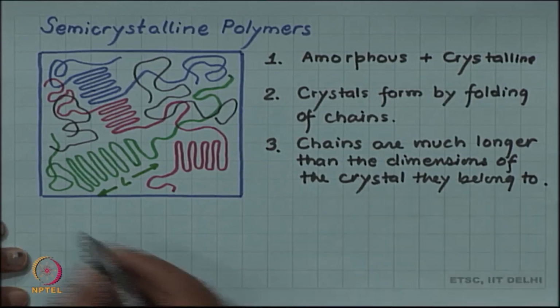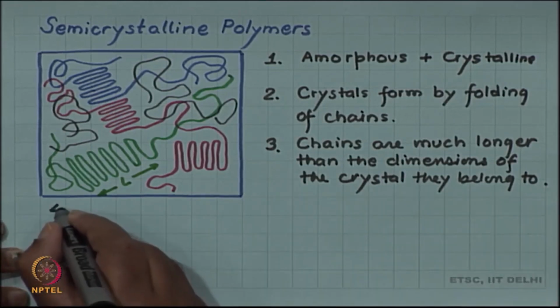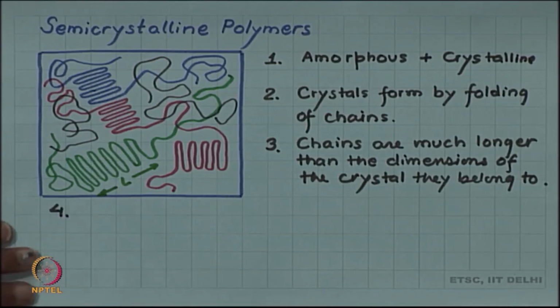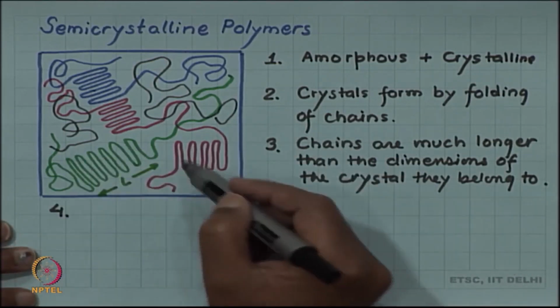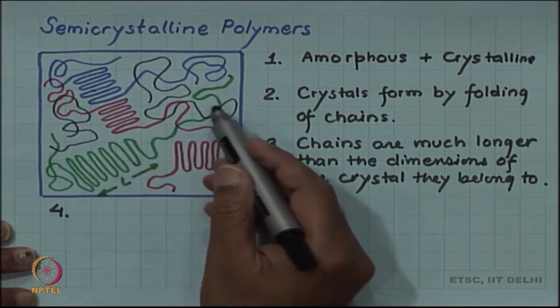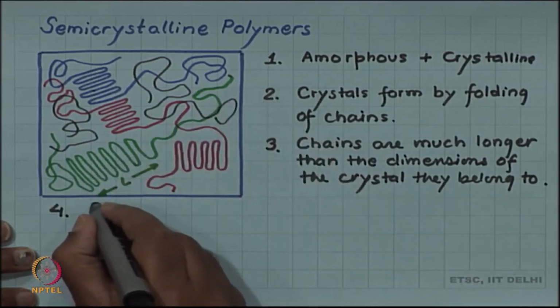So, chains are much longer than the crystal they belong to, and a given chain, if you see, for example, the green chain, is part of both crystalline and amorphous region.